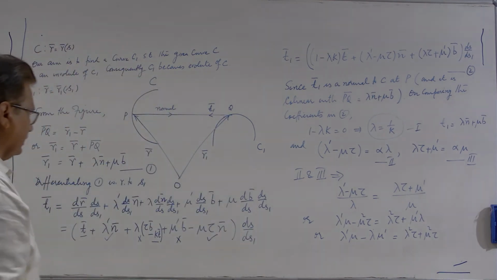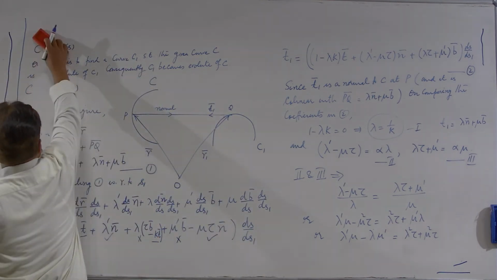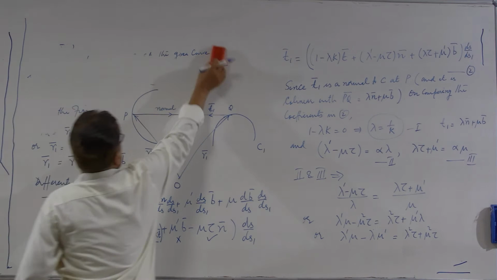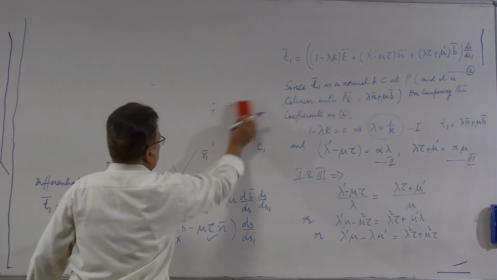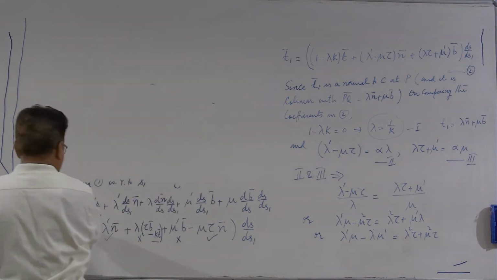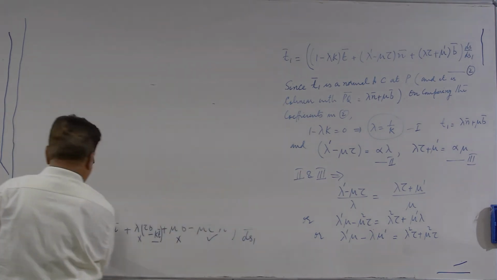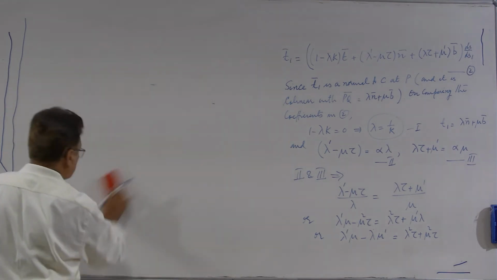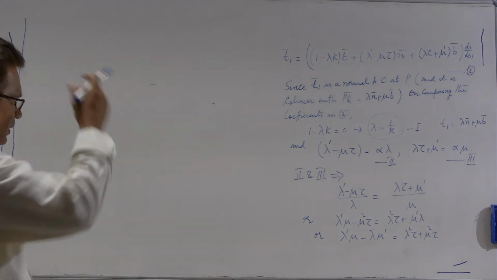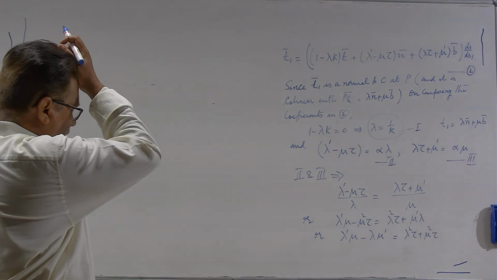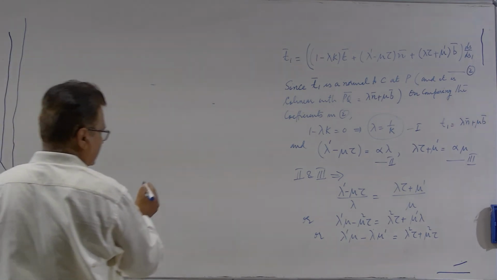I have rewritten in this manner. Okay. And what it will give me? Tau is common in the right side.